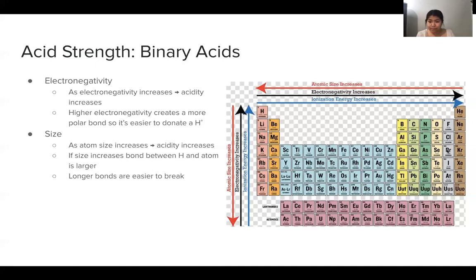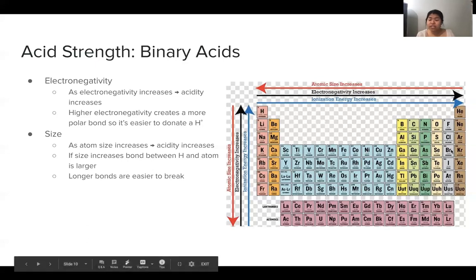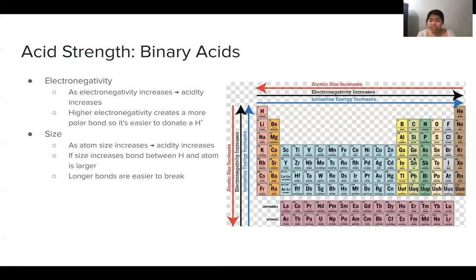HBr is larger, based on that red arrow's trend. So HBr has a longer bond between the Br and the H because it's a larger molecule. The bond distance between the radius of the H and the radius of the Br is larger than that between H and Cl.